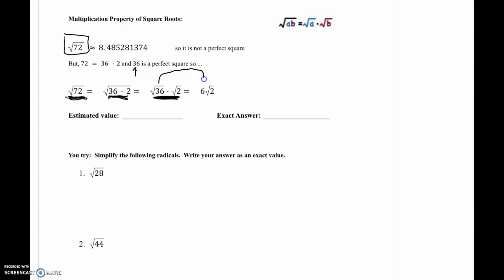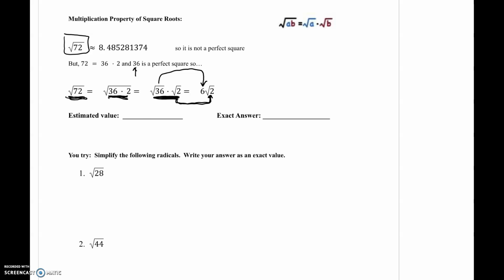And we know how to simplify the square root of 36, or at least you did it at the top of the last page. The square root of 36 is 6, no more radical. The square root of 2, however, does not have a nice answer. And if we're not rounding it to a decimal, we just have to leave it as is.